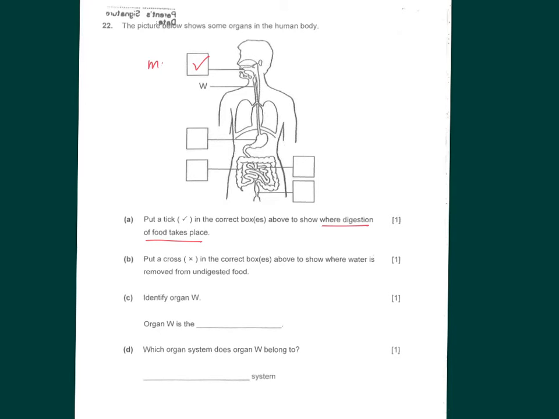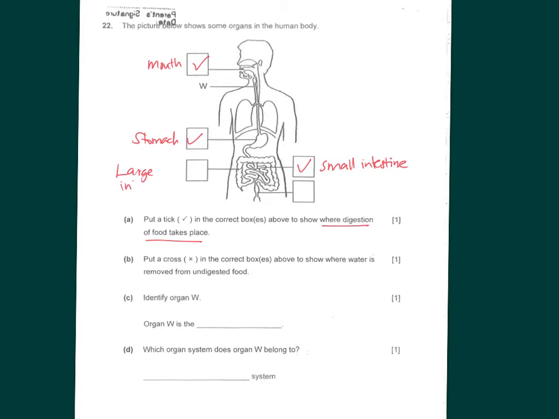Okay, this is the mouth. And it also takes place in the stomach. It also takes place in the small intestine. However, it does not take place in the large intestine.